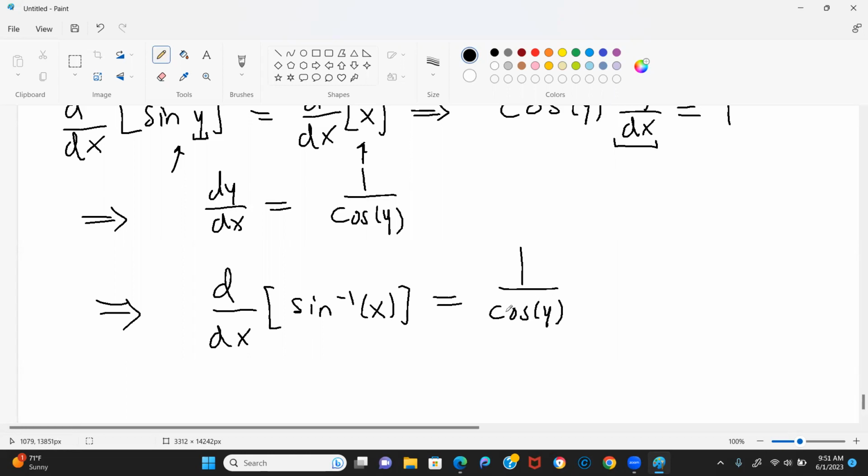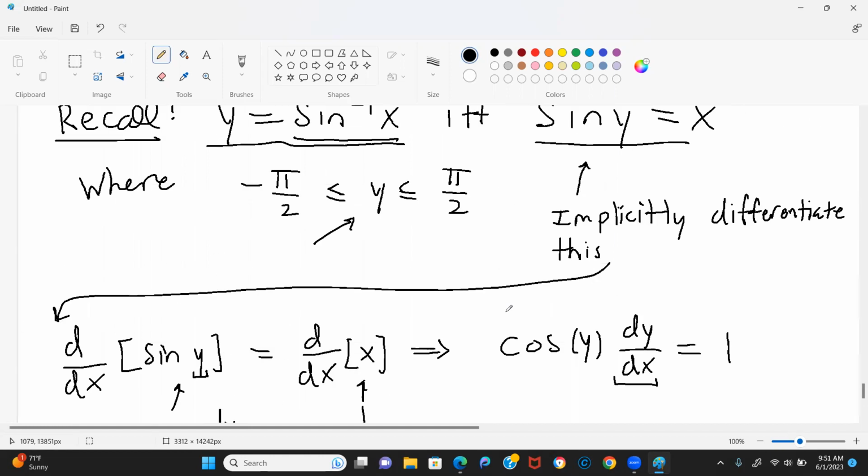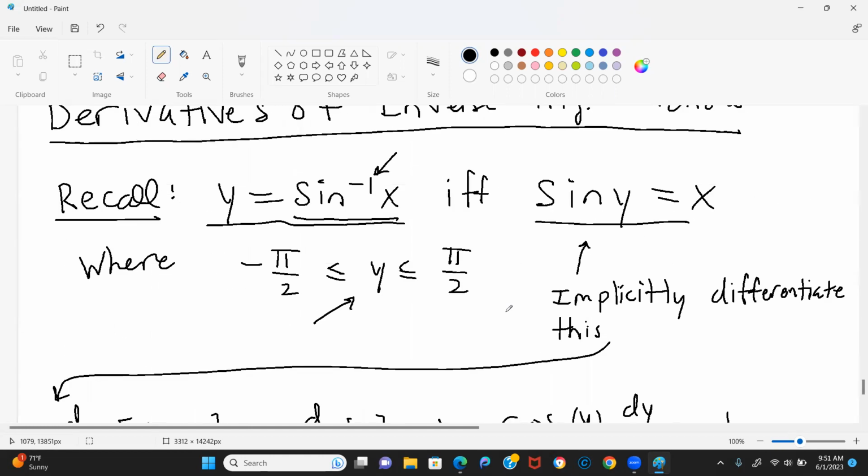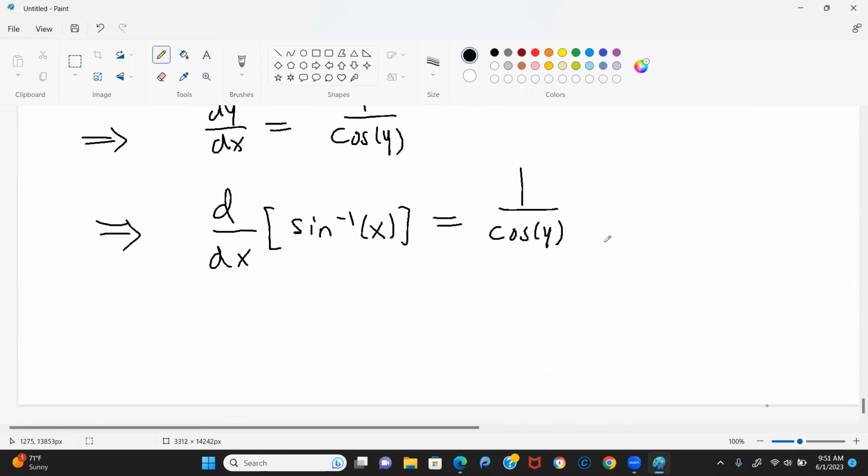And even if we plug in y right here, we would have cosine of sine inverse of x, and that's kind of messy. But if we recall, by the Pythagorean theorem, cosine squared y plus sine squared y is equal to 1.